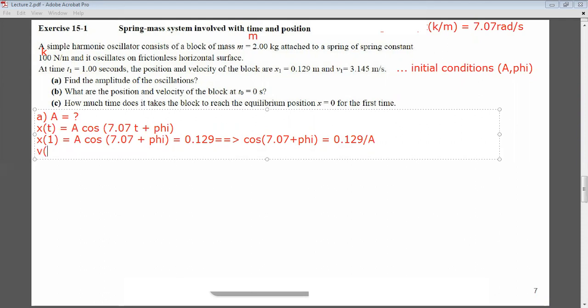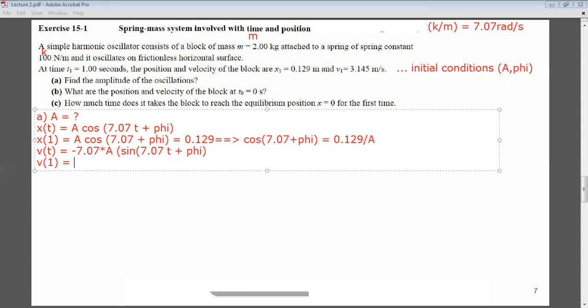Okay, so now this is the equation I have. This is the first initial condition, then I have the initial condition on the velocity. So first we have to find the equation of the velocity. So the equation of the velocity is minus 7.07 times A sine 7.07 t plus phi. Implies, now we plug v of 1.